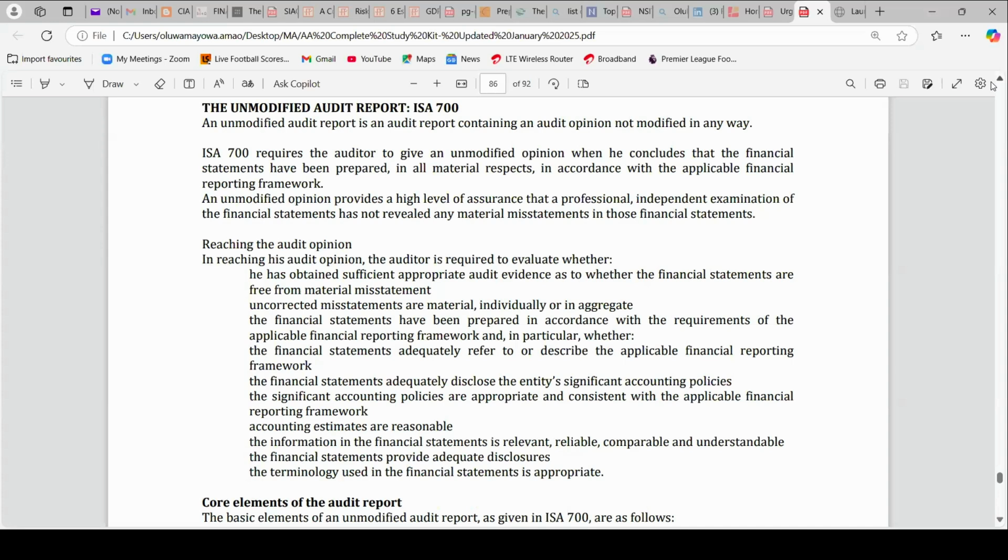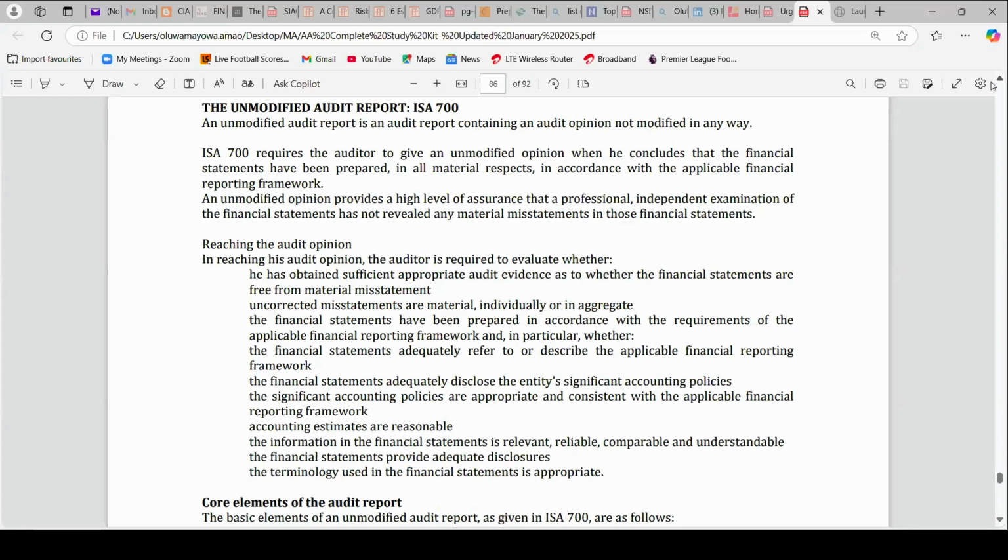Now, the objective of ISA 700 is that the auditor forms an opinion on the financial statements based on the evaluation of the conclusions drawn from the audit evidence. So he looks at the audit evidence and he forms his opinion. And he expresses that opinion clearly through a written report that describes the basis for that opinion.